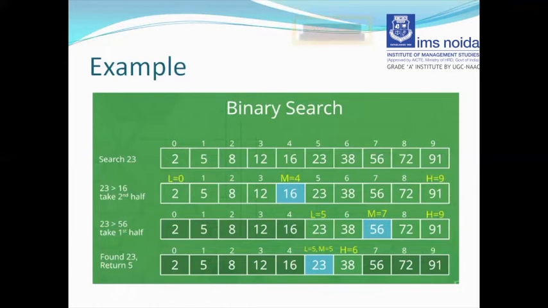What you will do, you'll add low to high, that means 0 plus 9, and you'll divide it by 2. The number you'll get will be the integer value only. We'll work on an integer. So 9 divided by 2 will be 4. So 4 will be the middle element. This way we are calculating the middle element.